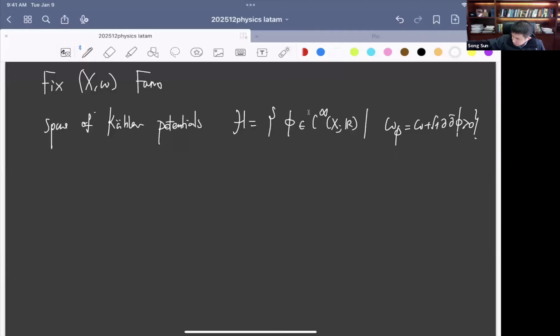It's natural because the Einstein equation is a variational problem. It's the Euler-Lagrange equation of the Einstein-Hilbert functional.